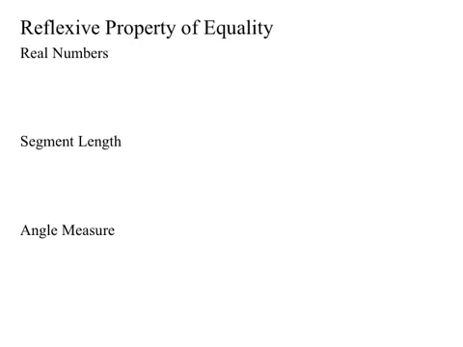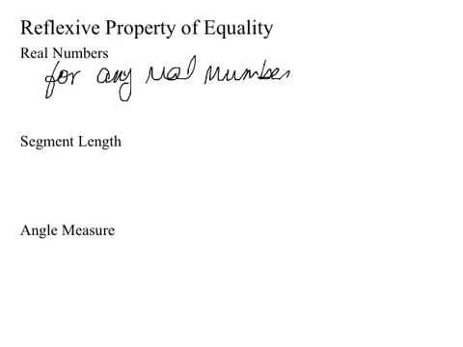The first of all is the reflexive property of equality. And for real numbers, it just says for any real number A, A equals A. Yes, that property just says that A equals A. So segment lengths.